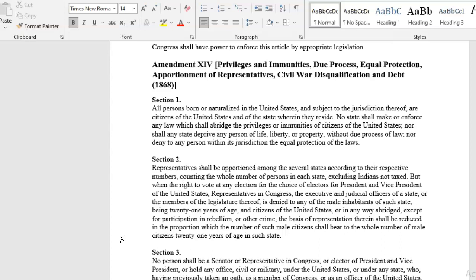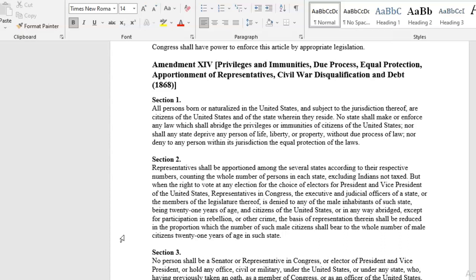So we do have some more here about due process, equal protection, and privileges and immunities that we want to be sure and reference, because the Constitution specifically mentions property several times.